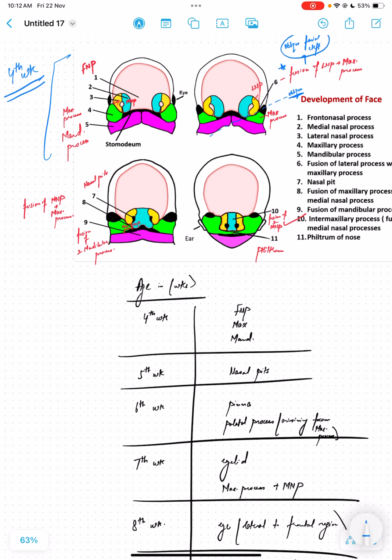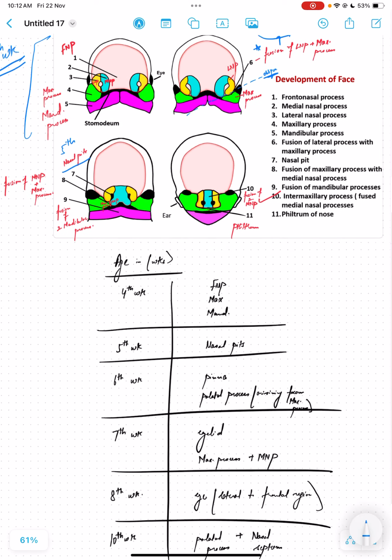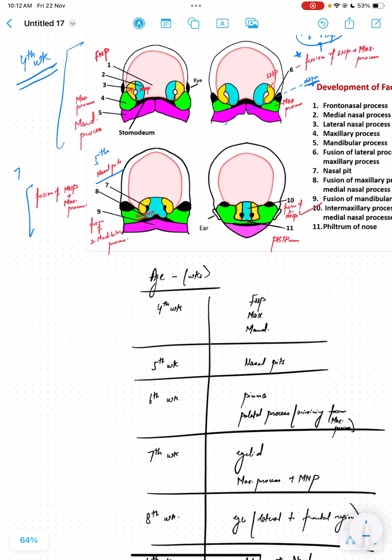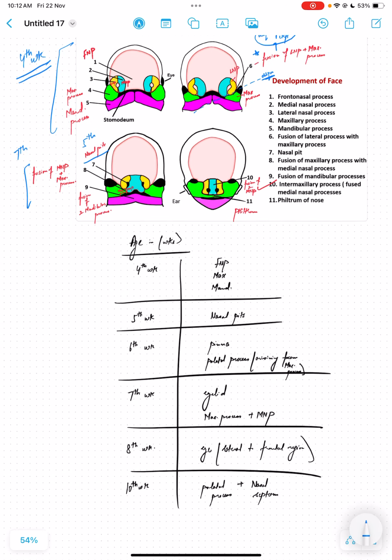Okay, so at the 5th week we have our nasal pits. In the 6th week we have our ear, that is the pinna, and the palatal process fuses with the maxillary process. At the 7th week we have the eyelid. This is at the 7th week. 7th week maxillary process fuses with medial nasal process.